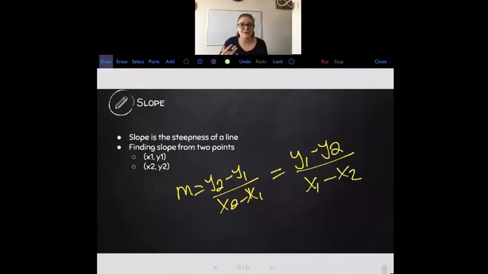Either way will work, you just have to be consistent with the way you're subtracting. So notice y2, x2, y1, x1. Okay, so those should line up however you subtract. So just subtract in the same order.